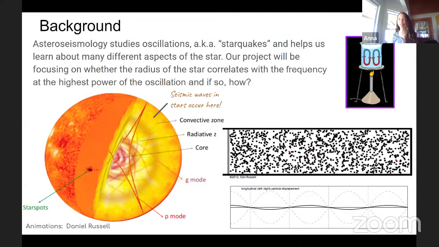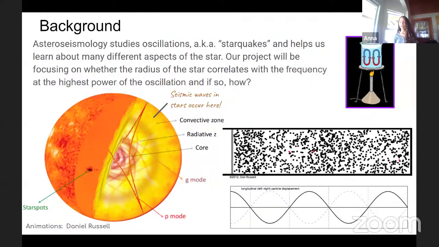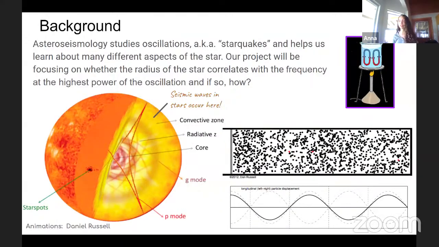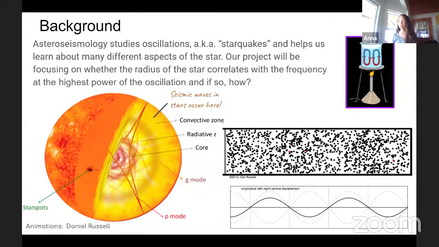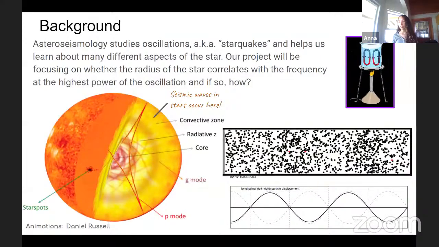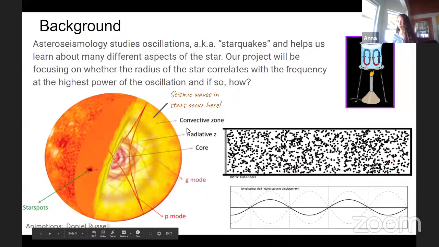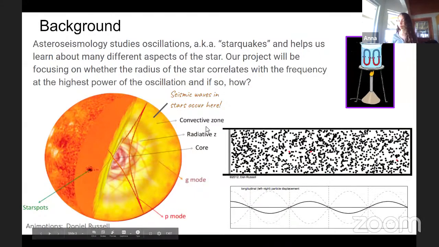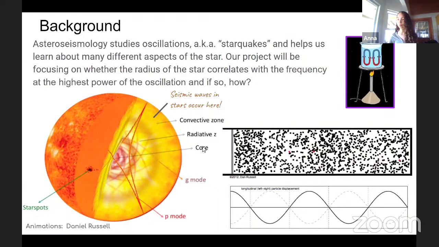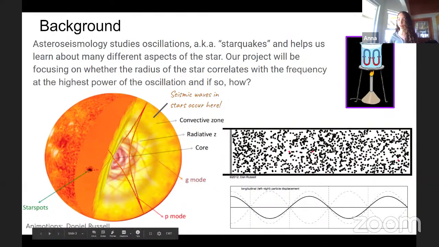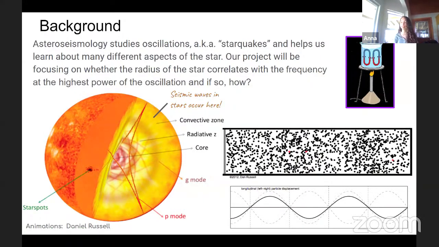So our project will be focusing on whether the radius of the star correlates with the frequency at the highest power of the oscillation, and if so, how? The convection zone is where these oscillations occur. And just like water, it causes movement. The bottom right shows kind of how it looks. Next slide.